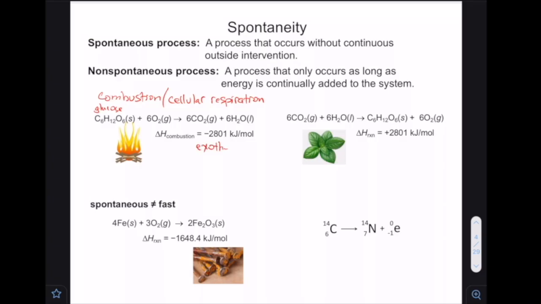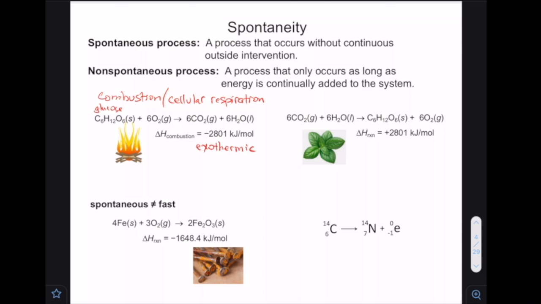Remembering that the term exothermic means that the system is losing thermal energy to the surroundings. And that's why we apply a negative sign to this number, because it is the energy leaving the system into the surroundings. So it's what's happening to the flow of thermal energy with respect to the system. Anyone who lights a match to something that's combustible will realize that this is a spontaneous process.